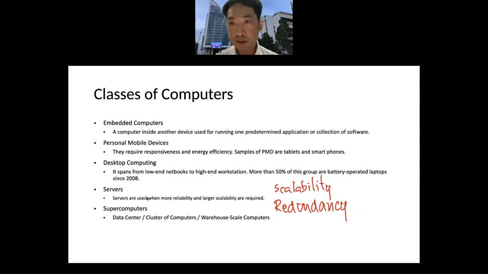And you need special software that can manage all the nodes in the network, so that when you submit a job into the cluster, many computers can work in parallel on that job simultaneously. That is the example of a supercomputer.